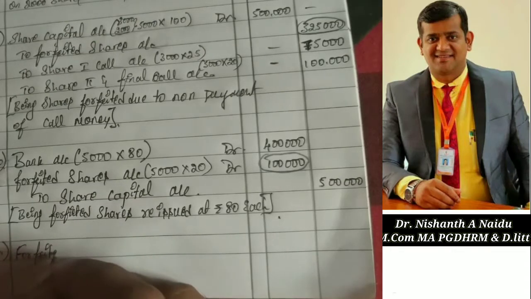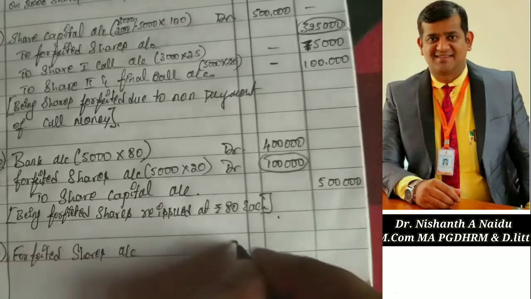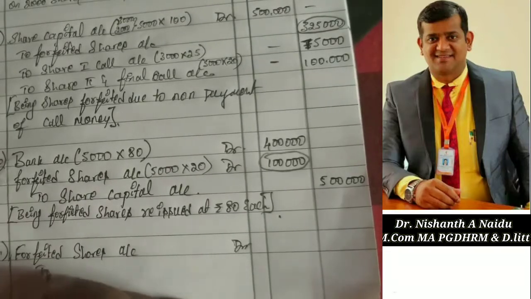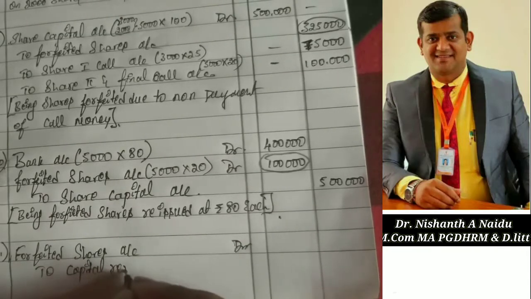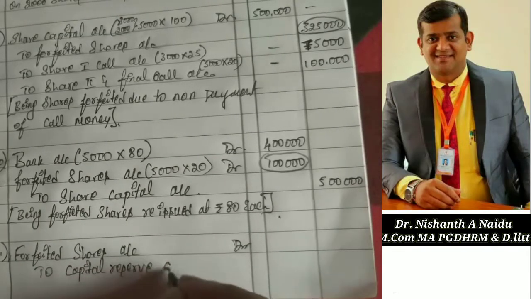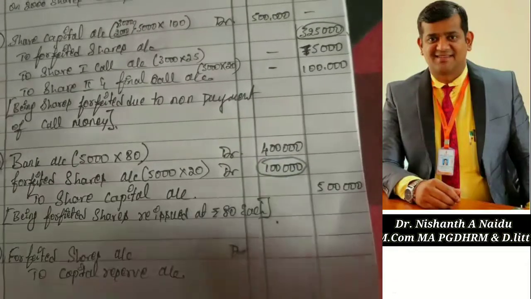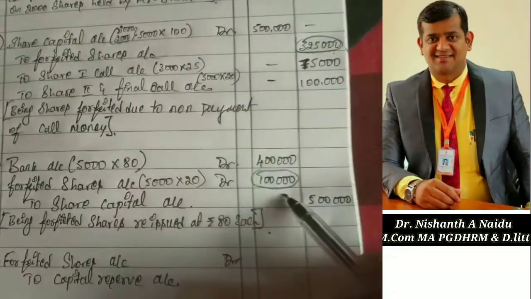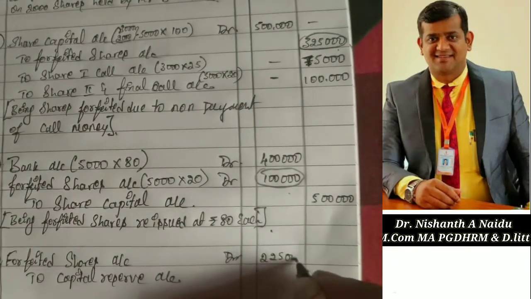Forfeited shares account debtor to capital reserve account. Here you should know that 3,25,000 minus 1 lakh, that is 2,25,000.